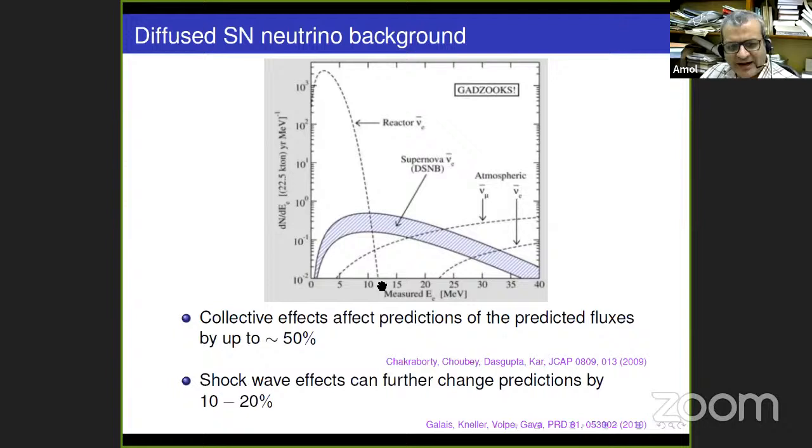You can see this spectrum here. However, at lower energies, let's say less than about 12 MeV, you cannot see them because the antineutrinos from our reactors overwhelm them. They are thousands of times more than what the supernova relic neutrinos will be. So you don't expect to be able to separate them from reactor neutrinos at lower energies.